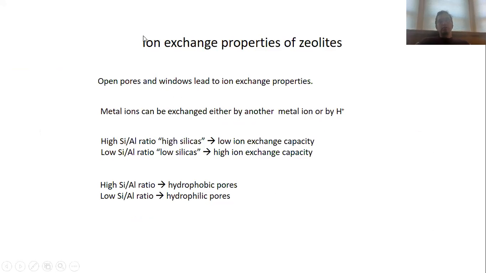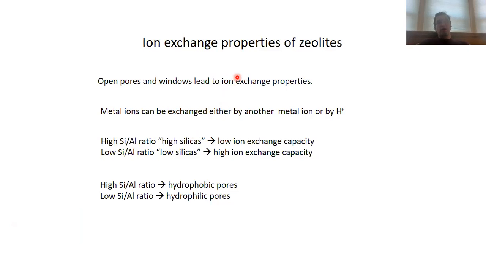One important property is the ion exchange property. The ion exchange property results from the fact that in zeolites, we typically have aluminum incorporated in the zeolite structure. The aluminum carries a negative charge. Therefore, we have countercations in the pores.